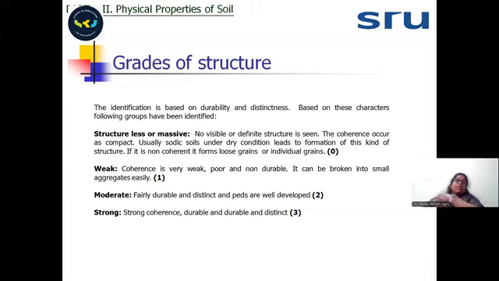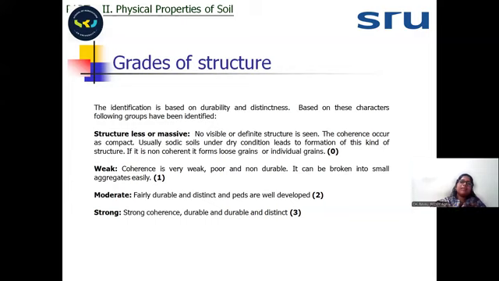One more important thing we should learn is the importance of soil structure. As I said earlier, soil structure dictates many other physical properties like bulk density and porosity. Each one you have to explain in detail. Suppose porosity: if there is platy structure, porosity will be less.